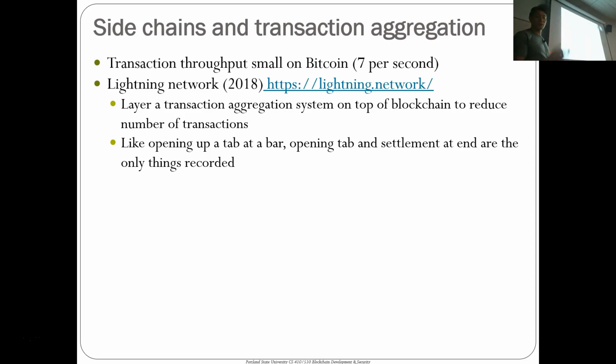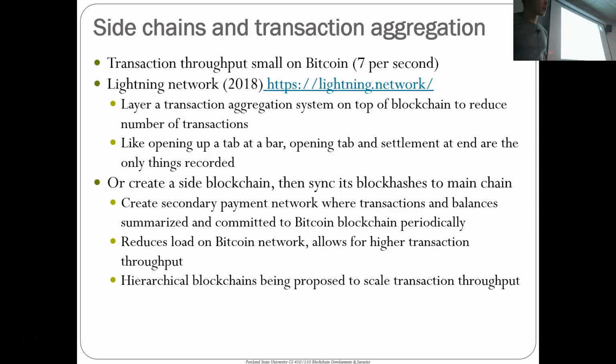This is very similar to opening up a tab at a bar, buying a whole bunch of stuff, and then closing it out at the very end and sending one transaction to the credit card company. That's what the Lightning Network is proposed to do. I think that's actually deployed now. But that's one way to get around this: to use some other settlement system to aggregate all the transactions into a single monolithic one that's got all of them in there.